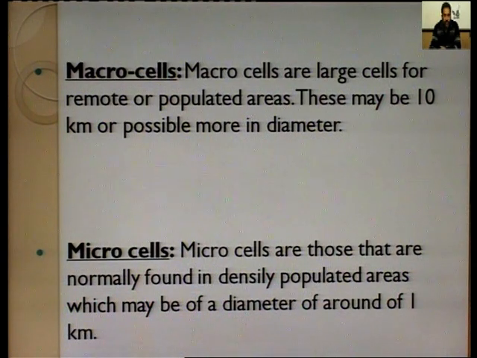Generally they are in remote areas, rural areas, countryside areas where the population is very low. So, these cell sizes are large, and these cells are called macro cells.